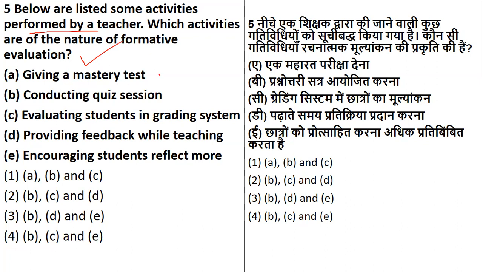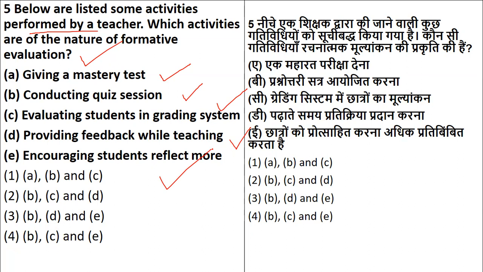So they have given the options as mastery test, quiz session, grading the system, providing the feedback while teaching, encouraging the students more. Okay, so here what will come under formative? So please try to understand, when we talk about formative evaluation, it is the type of evaluation which happens on a continuous basis, on a regular basis, with an intention to improve the student, right? And as I said, it should be throughout the course.